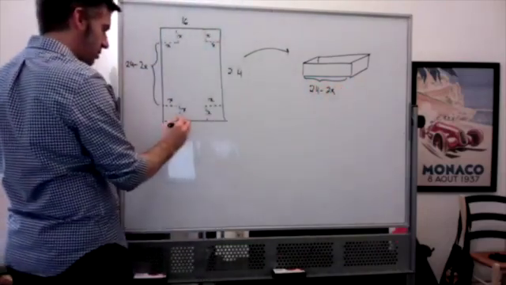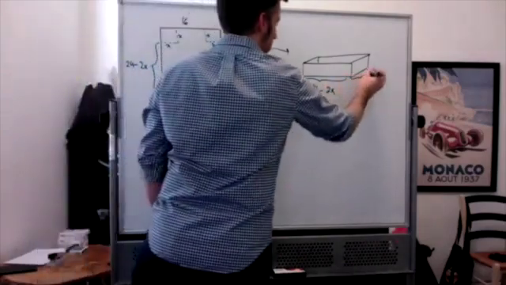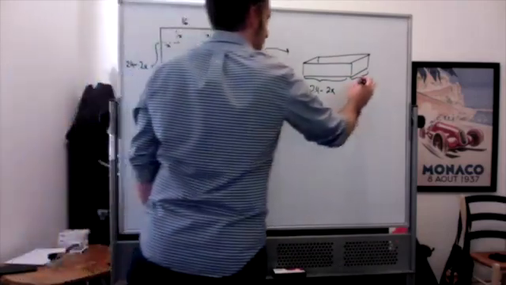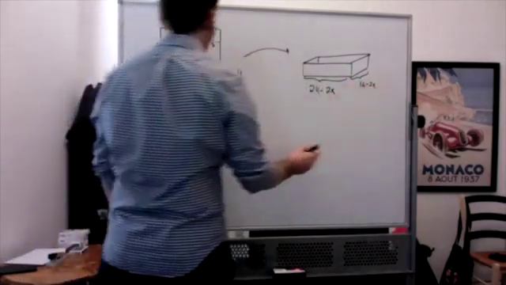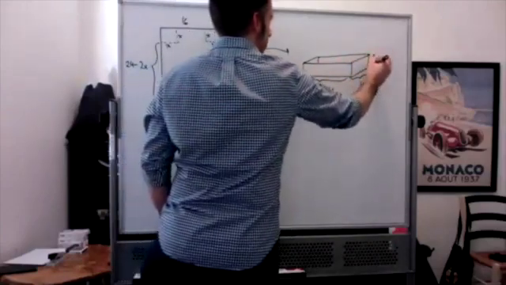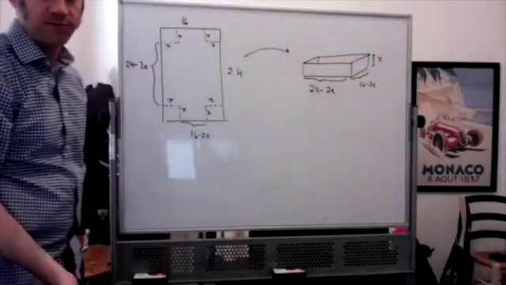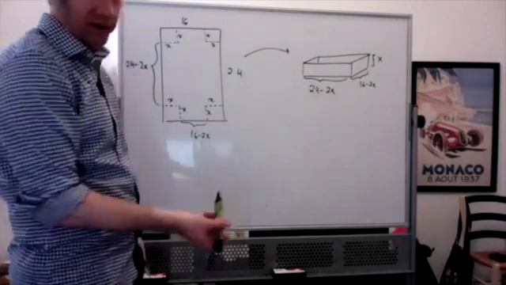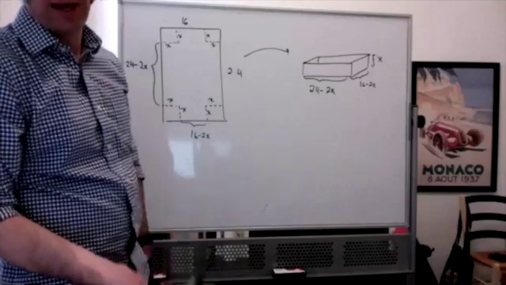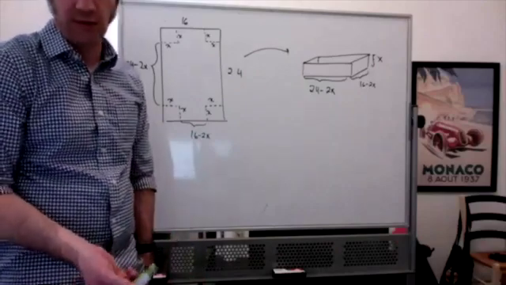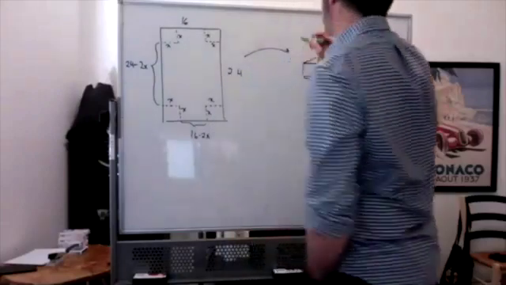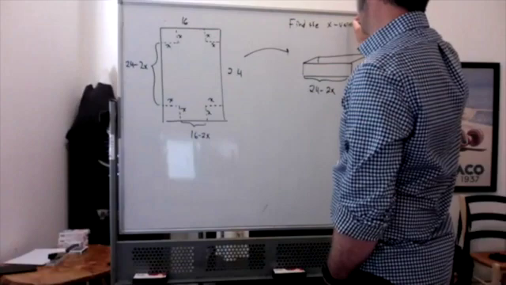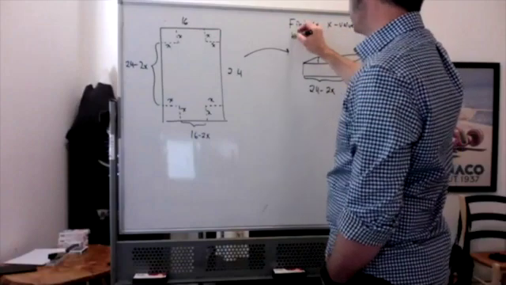And this length here is going to be 16 minus 2x. And then this height here is going to be just x. So the thing we're trying to maximize is the volume, so I should read the whole question, apologies. Right, find the size of the square which gives the box of the largest volume. So we're trying to find the x value that maximizes the volume.